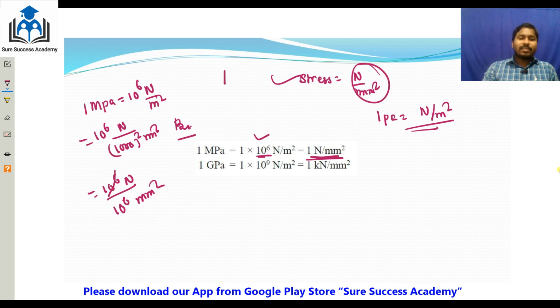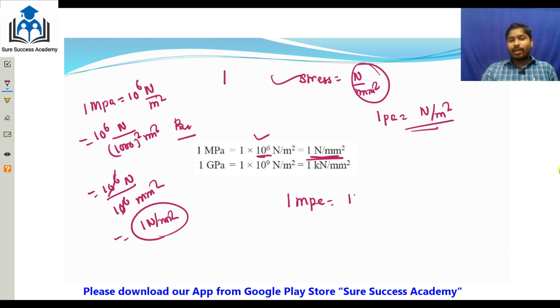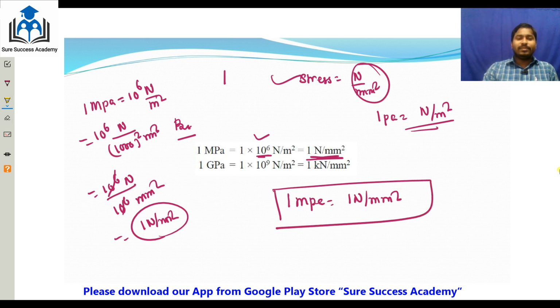You cancel this, and what comes is 1 Newton per mm square. So friends, whenever I say 1 MPa, you can directly convert it to 1 Newton per mm square. Keep this in your mind. Similarly, 1 GPa is called the gigapascal.